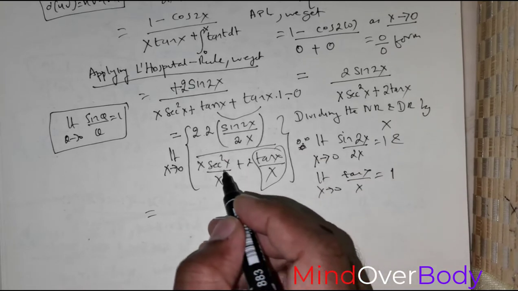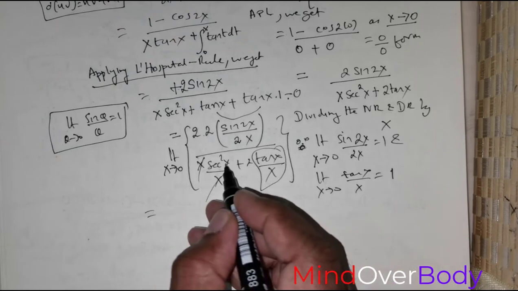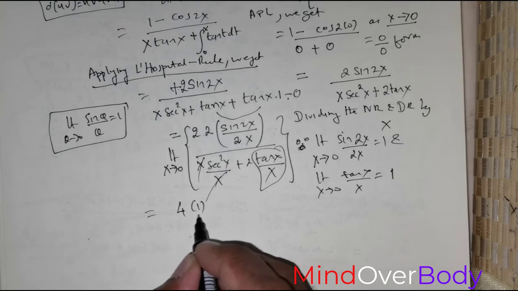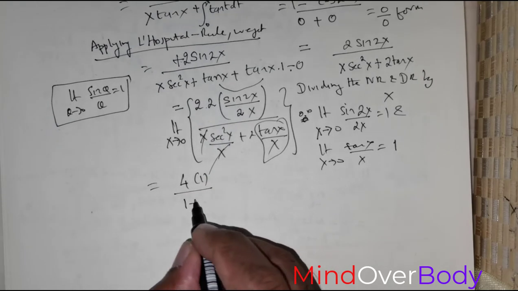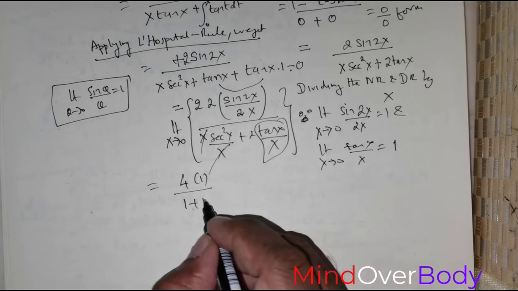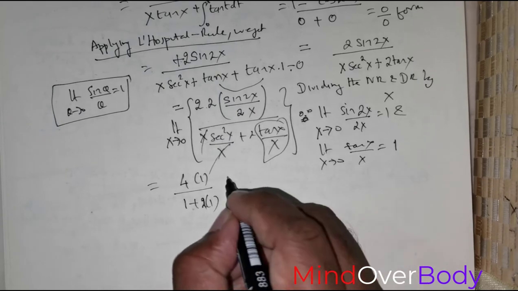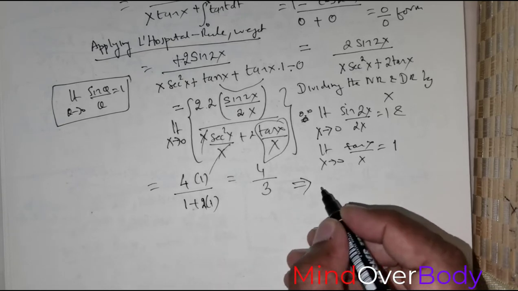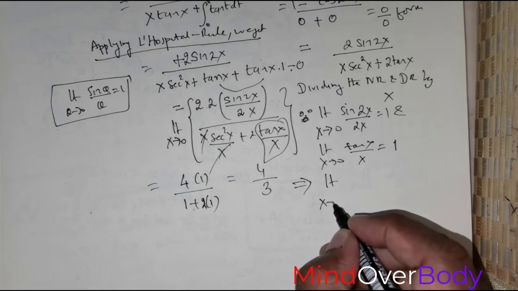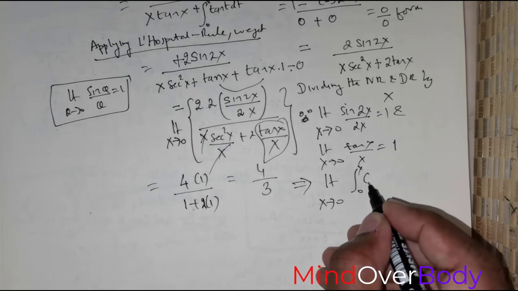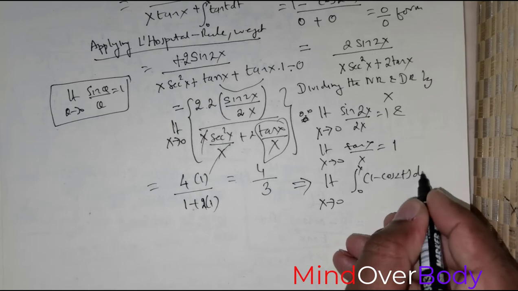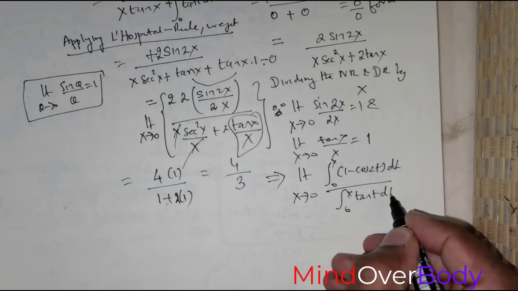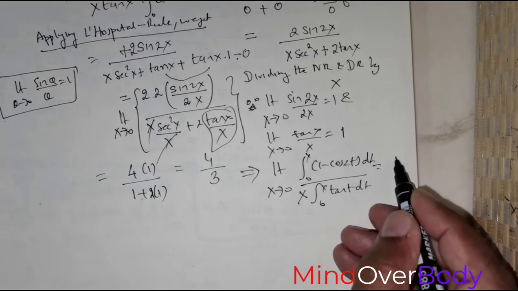This is going to be 1. x and x can be cancelled, and as x tending to 0, secant squared x is 1. So this is going to be 2 times 2 is 4 of 1 divided by 1 positive. This is going to be 1. So I got a 2 times of 1. So this is equal to 4. 2 added with 1 will give me 3. So this would mean limit x tending to 0 of integral 0 to x of 1 negative cos 2t dt divided by integral 0 to x tan t dt, of course there's an x here, is equal to 4 over 3.